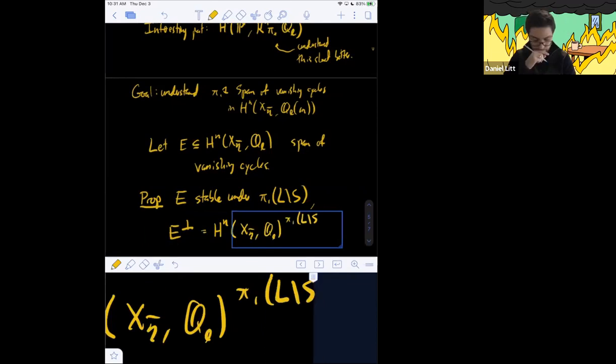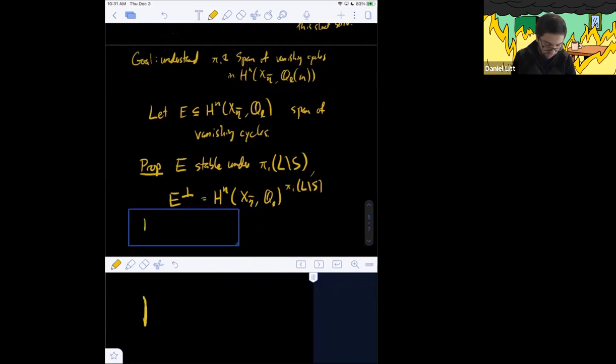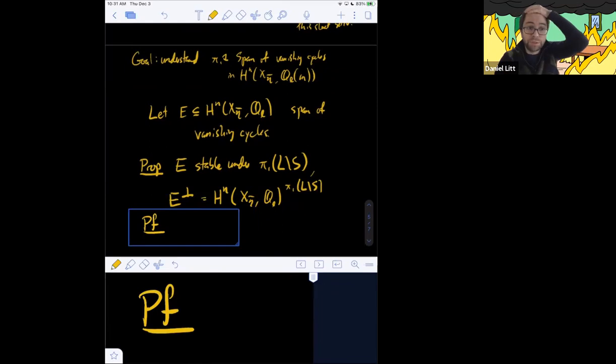Let's prove it. Does anyone see how to prove this? We actually have all the tools to prove this now, at least if you buy the general claims I've made about Lefschetz fibrations, hopefully persuaded by this example of the lambda family.